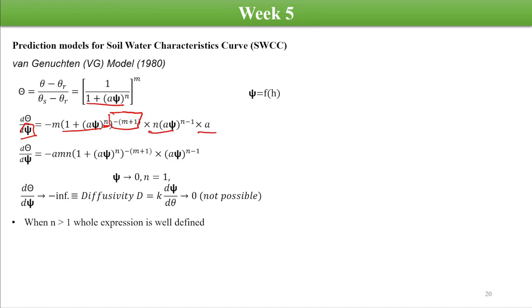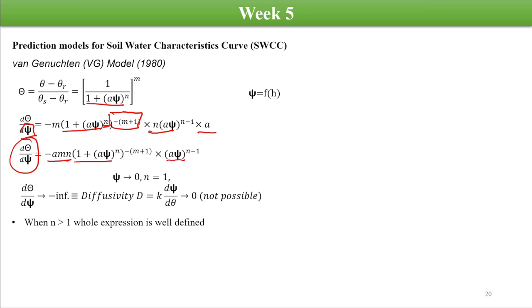If we simplify this, we reach the expression del theta upon del psi equal to minus a times m times n multiplied by (1 plus (a psi) to the power n) to the power minus (m plus 1), multiplied by (a psi) to the power n minus 1.